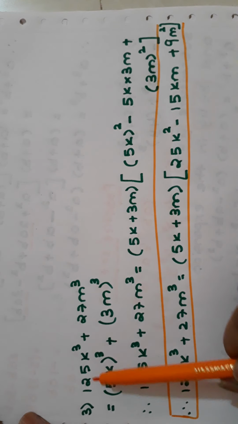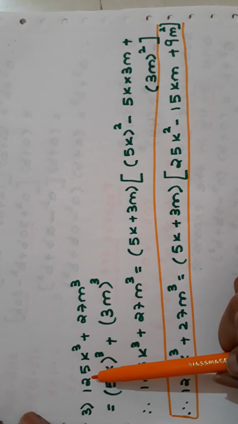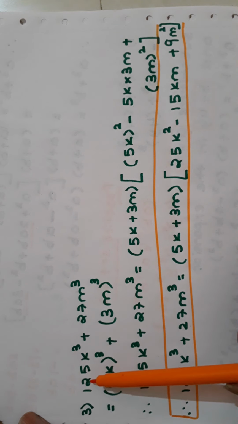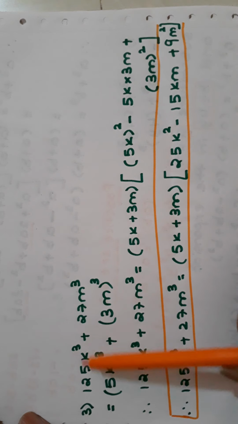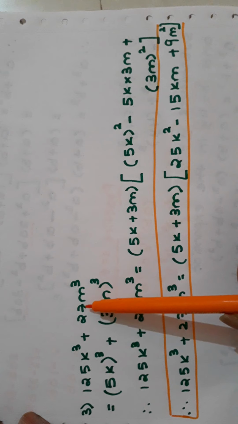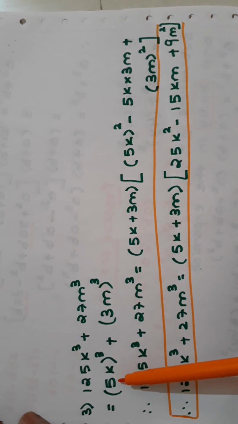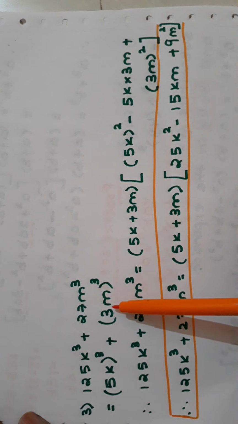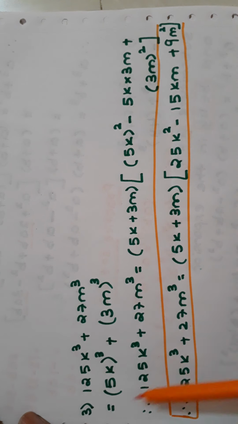So first you write the algebraic expression in the form a cube plus b cube. For that, the first term 125k cube is the cube of 5k and the second term 27m cube is the cube of 3m. So now a is 5k and b is 3m. I am directly using the formula.